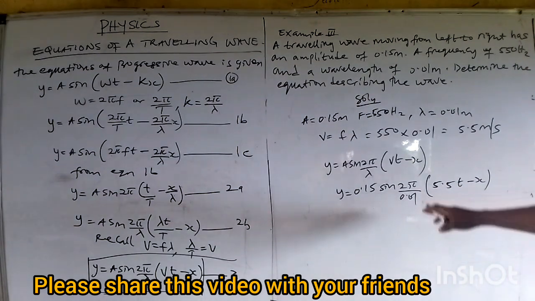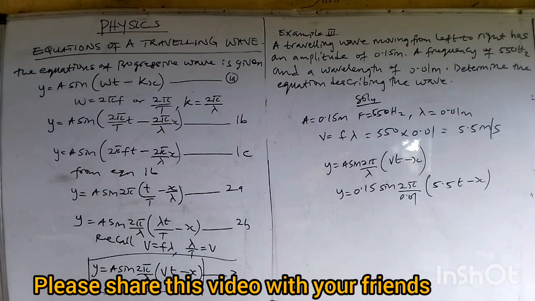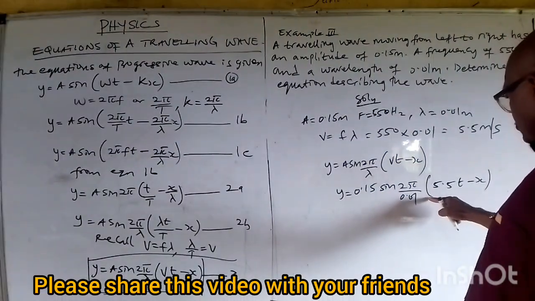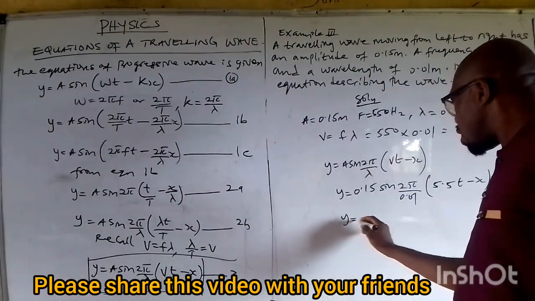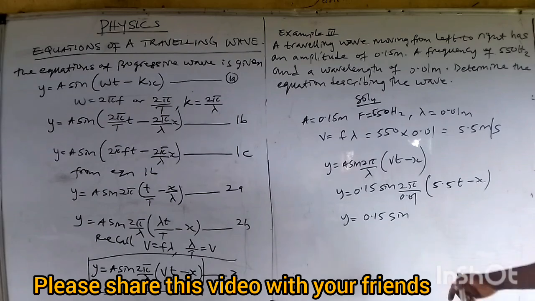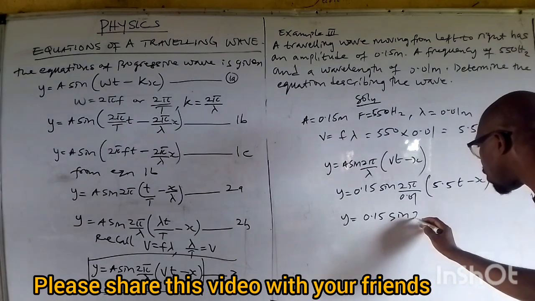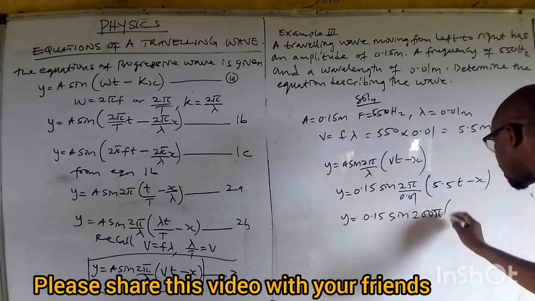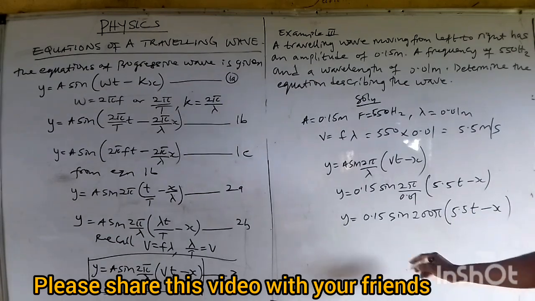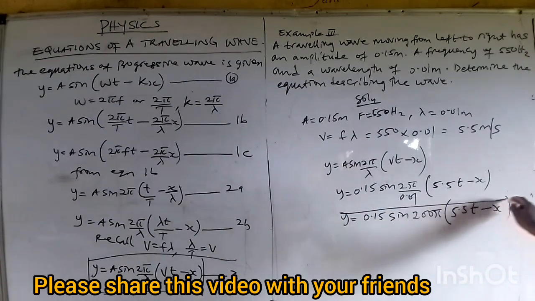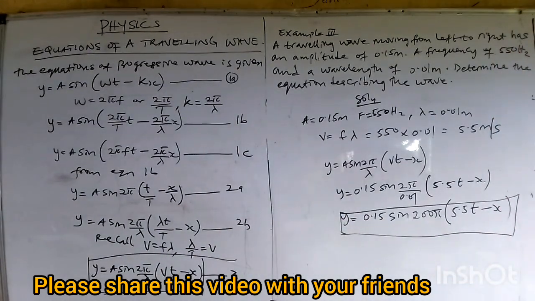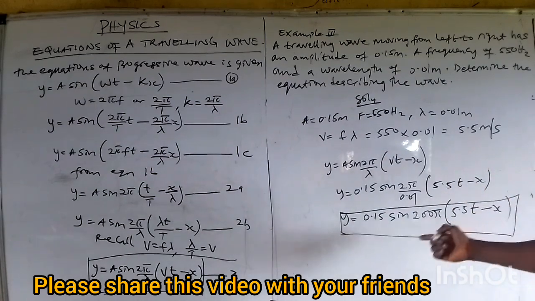We cannot leave this like this. So we can have y is equal to 0.15 sine, 2 pi all over 0.01 will give us 200 pi, into 5.5t minus x. And of course, this is our equation for the wave, or the equation describing the wave.